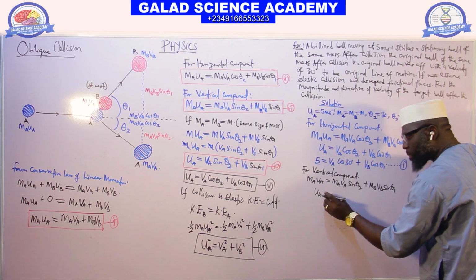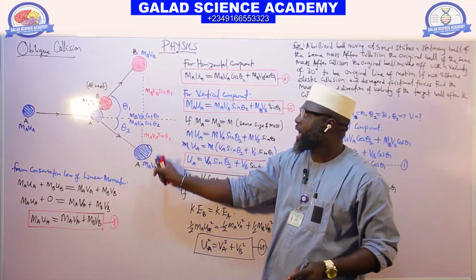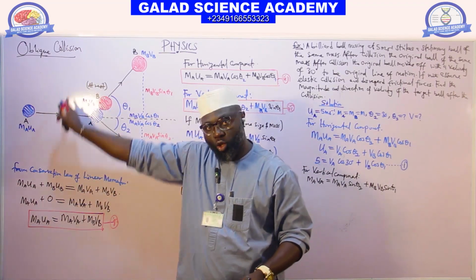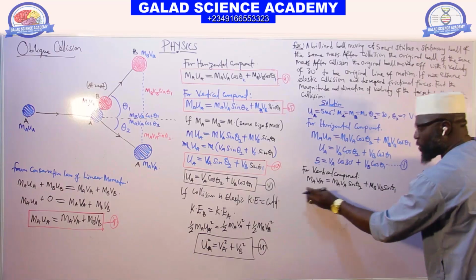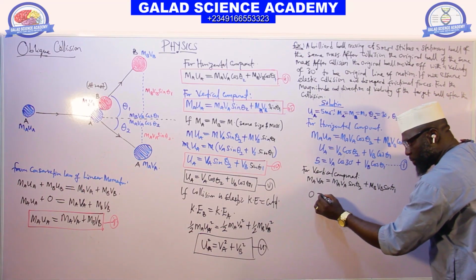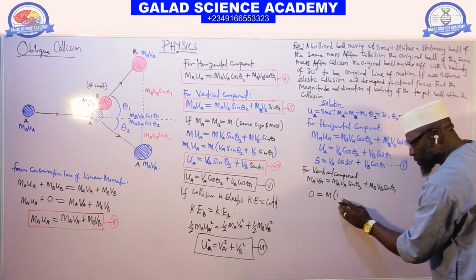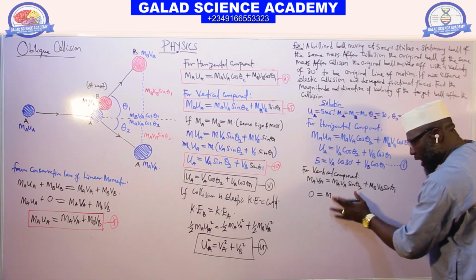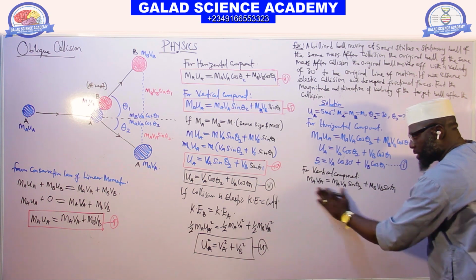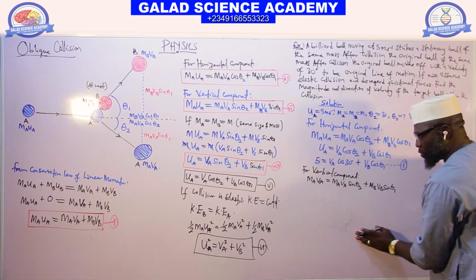So when the mass is the same, you will now have VA. Note that this is vertical. Do we have anything for vertical before collision? No. So for the initial vertical before collision, everything we have here is 0. Take the M out first.